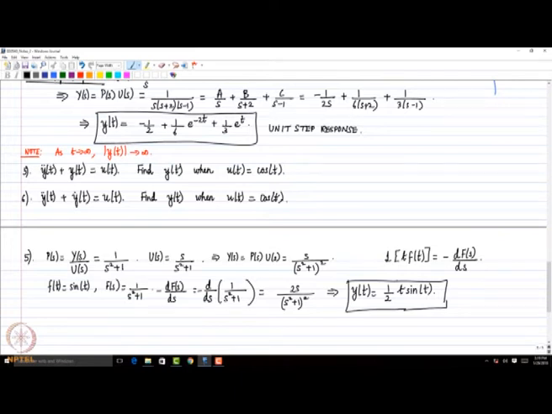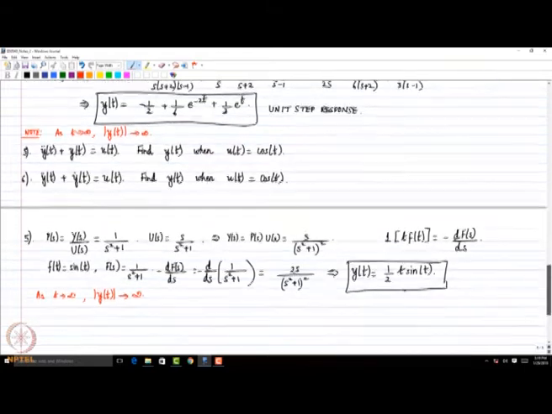So the inverse Laplace of s divided by s squared plus 1 whole square is 1 by 2 of t sin t. So immediately we observe that as t tends to infinity, the magnitude of y of t tends to infinity. Do you agree?